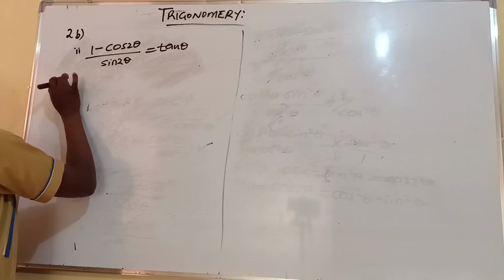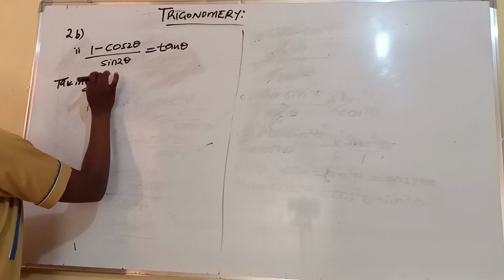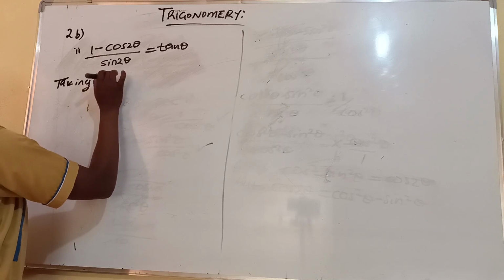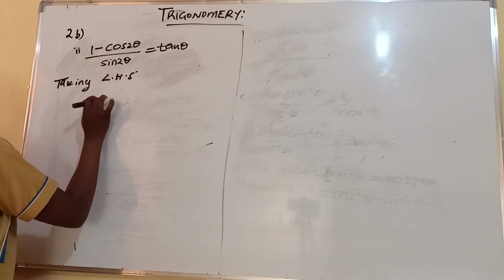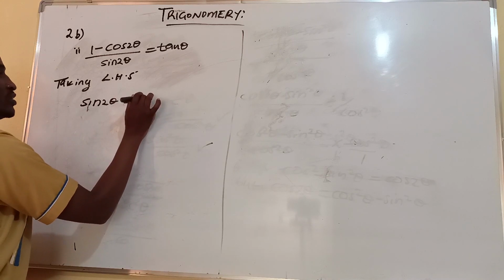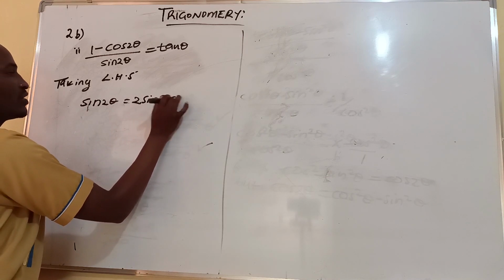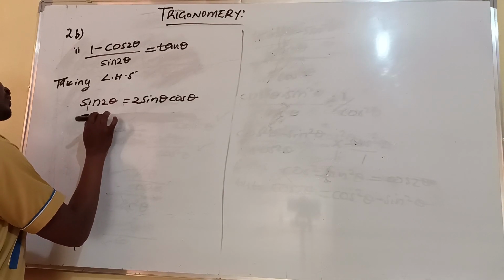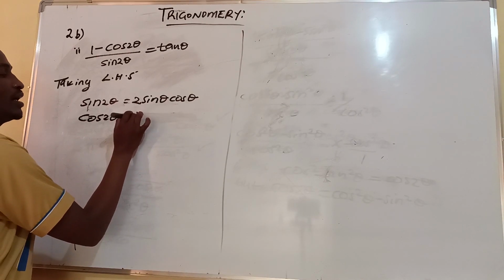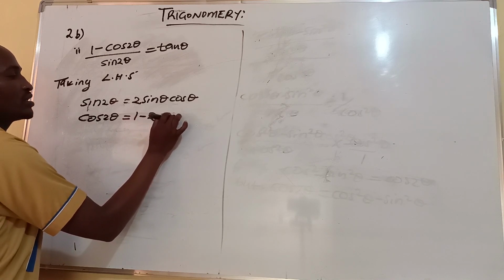Taking this is the left hand side. We know sin 2 theta is equal to 2 sin theta cos theta. As well, cosine of 2 theta is equal to 1 minus 2 sin squared theta.